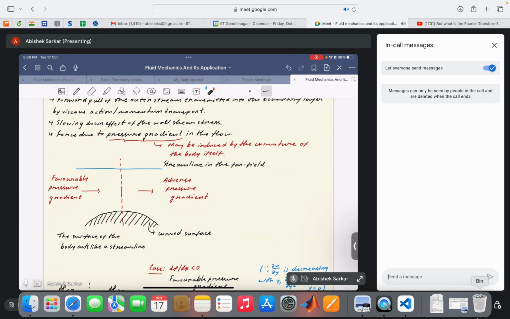So if we consider this streamline and consider the surface of the body to be another streamline, you can see that this resembles a very well-known geometry that we discussed quite a while ago when we were discussing flow measuring devices. If you recall, it resembles the venturimeter. What we saw is that as the area decreases, the velocity increases and the pressure decreases.